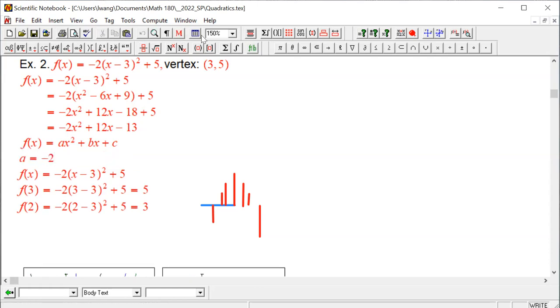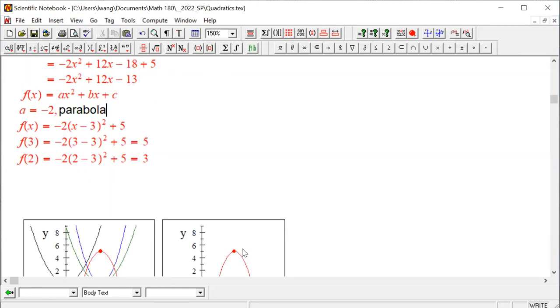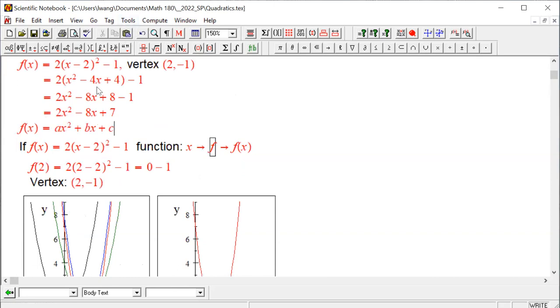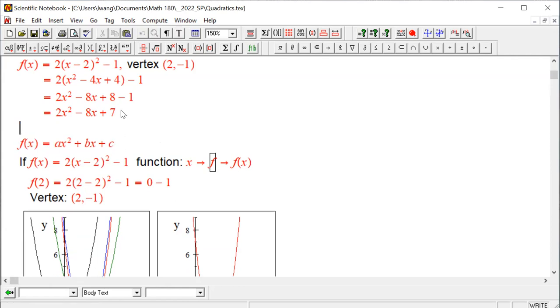Let me remove that picture. When A is -2 in the general form, the parabola, which is the curve, opens downward.